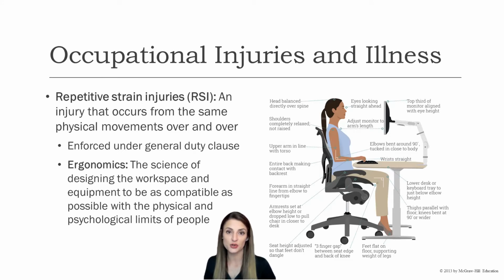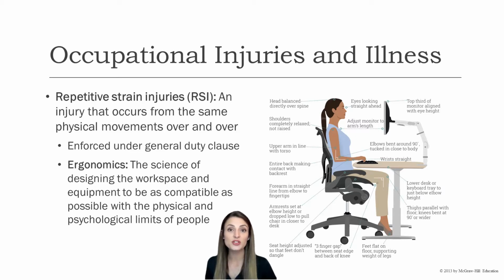Repetitive strain injuries are a specific type of occupational injury that occurs when we make the same physical movement over and over again repetitively. This repetition can sometimes be hard on our bodies, on our muscles, on our joints, on our bones even. This type of injury is covered under the General Duty Clause.